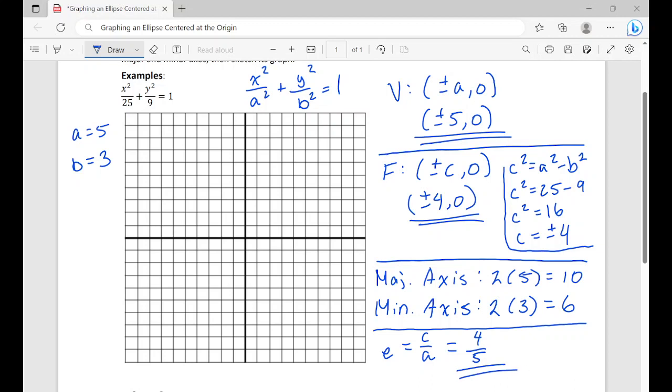We have now found every piece that we need, so we can now graph it very easily by just looking at a and b. a is the vertex that runs along the x-axis, so plus minus 5. So 1, 2, 3, 4, 5. 1, 2, 3, 4, 5. But b is the minor axis length. It means run along the y-axis. So from the origin, we can go up 1, 2, 3.